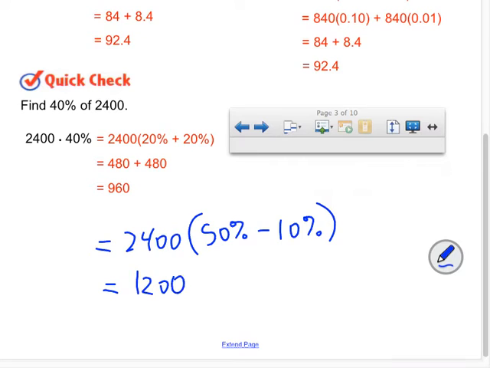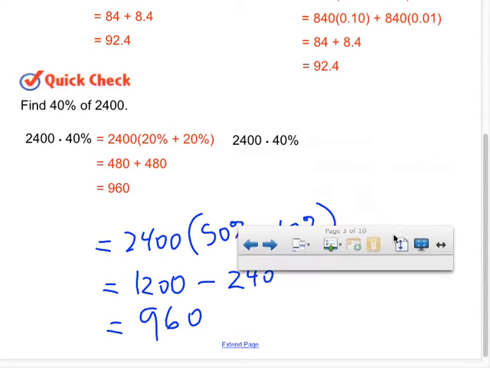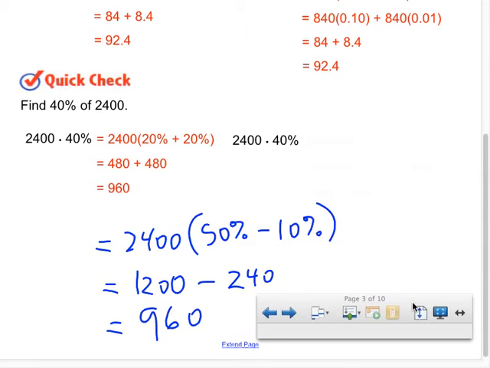That's an easy one to calculate. Then we got to subtract 10%. What's 10% of 2,400? 240. Okay? And then when we subtract that, what do we get? 960. Nice. I like that. Okay, so just to show for consistency of what I did above, you can show this with decimals too.